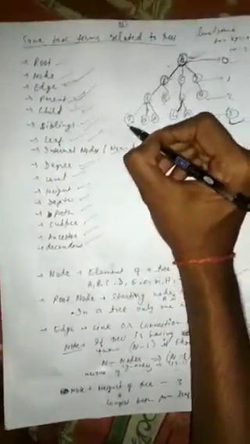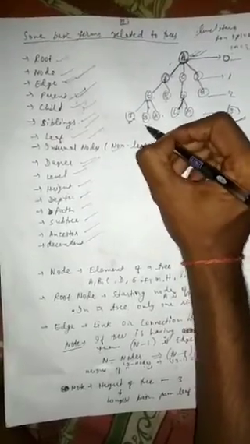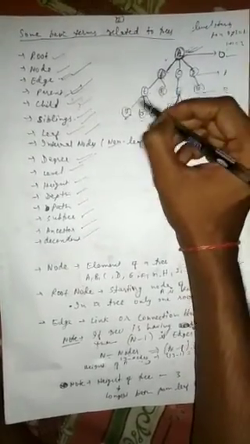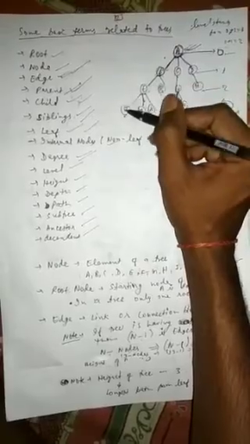Height means the longest path from the leaf node to that node. It means from the last one, from the last to the given node.